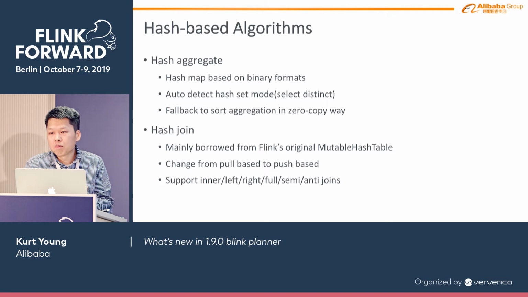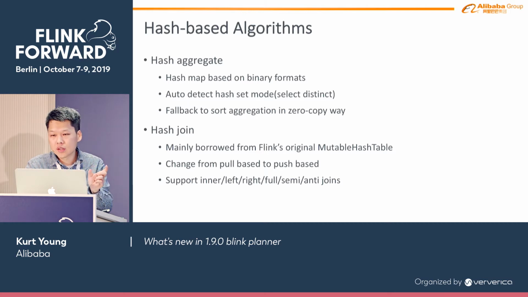Also, with the binary formats we introduced, we have some improvements like auto-detecting whether it's a hash mode, because in some cases you only want to select a distinct ID from some table. It's like doing a hash set. Also, if the memory runs out, we fall back to sort aggregation, and we can sort the hash aggregated data in place without copying it out.